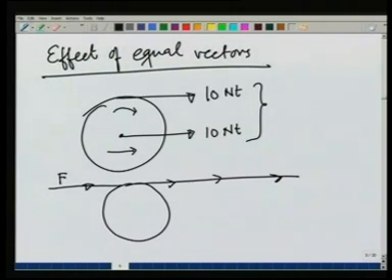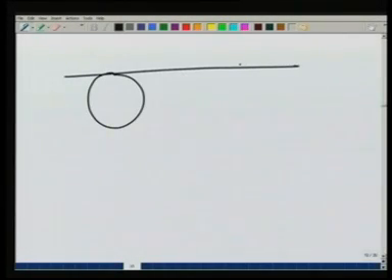So, equality of vector has to be further specified by something else, and that is, if there is a vector and no matter where I apply it along the line of its application, if the effect is the same, then it is known as transmissible vector.